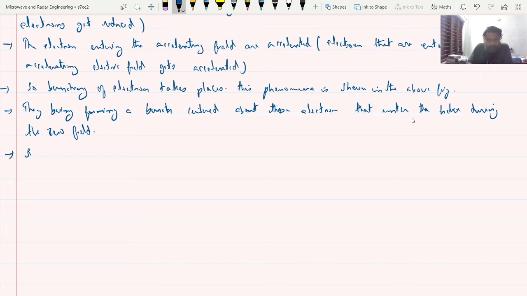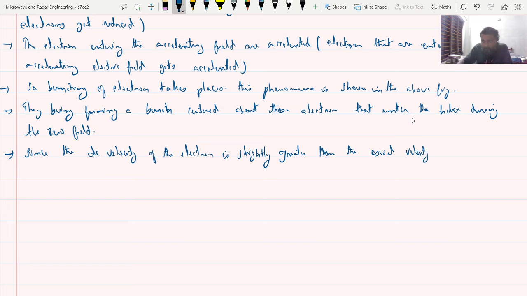Since the DC velocity of the electron is slightly greater than the axial velocity, there will be more electrons in the retarding field than in the accelerating field.